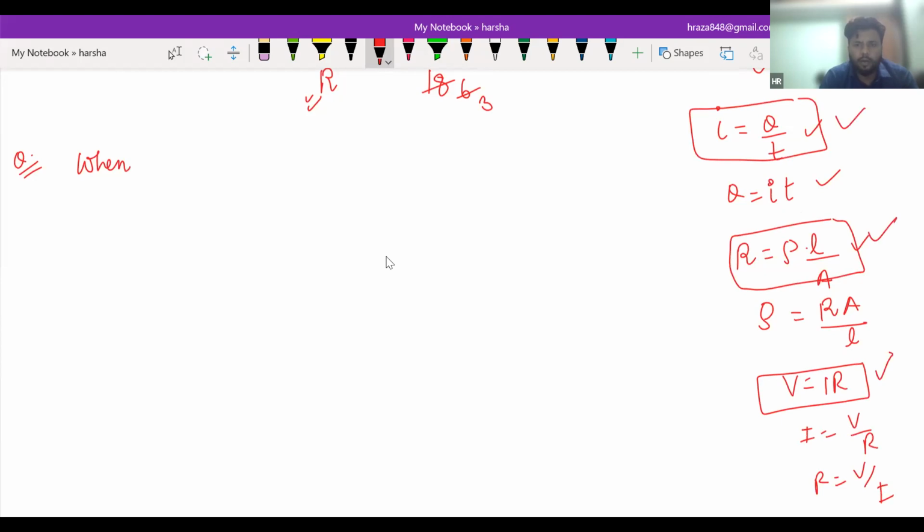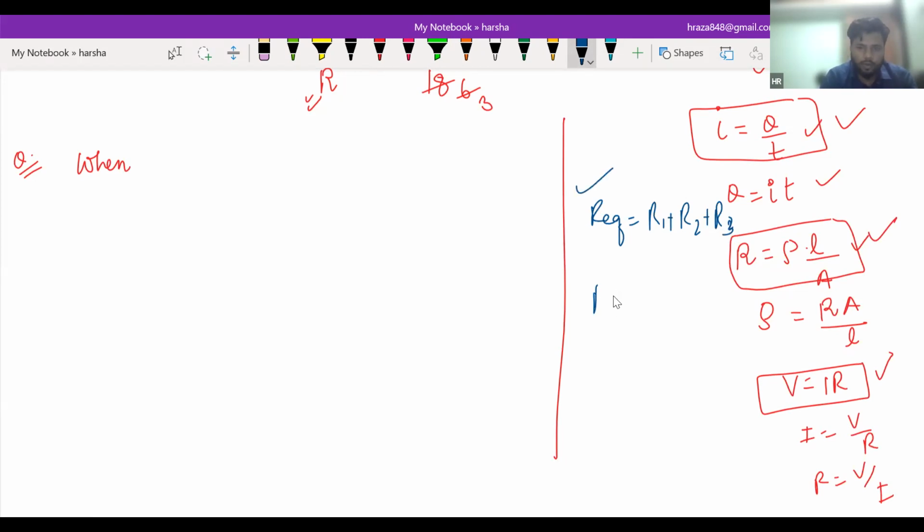And again, I have taught you about the combinations, that is series and parallel. In series, if resistors are connected in series, you just have to add all the resistances, then you will get the R equivalent. Again, if you are going for parallel resistances, 1 upon R equivalent is equal to 1 upon R1 plus 1 upon R2 plus 1 upon R3 and so on.